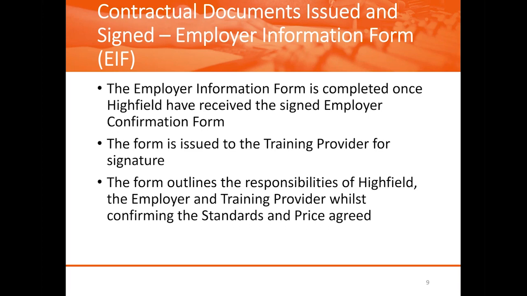Again, it would only need to be completed the once, unless we update additional standards that your employers are looking for us to assess. And it outlines the responsibilities of Highfield, the employer and the training provider, whilst confirming the standards and the agreed pricing for assessment. Okay, so again, signed the once, very straightforward, all done online.